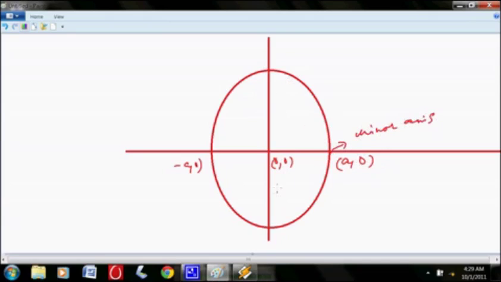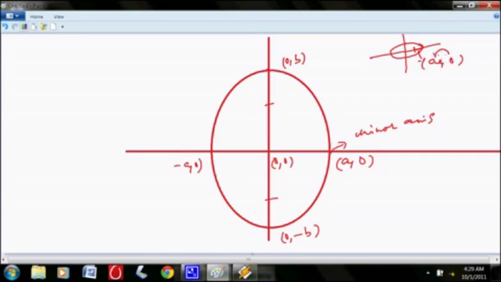Now this is the major axis. 0 b, 0 minus b. There will be foci here. Henceforth, it will be easy on your part to make out things. This focus was (AE, 0).